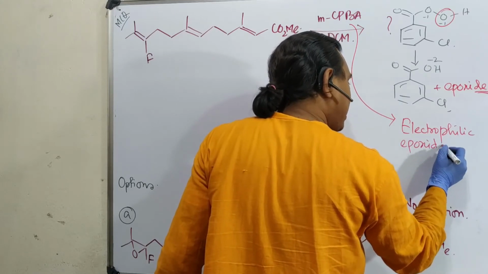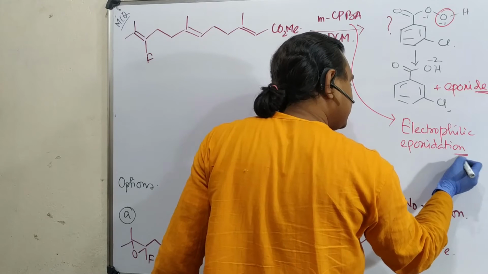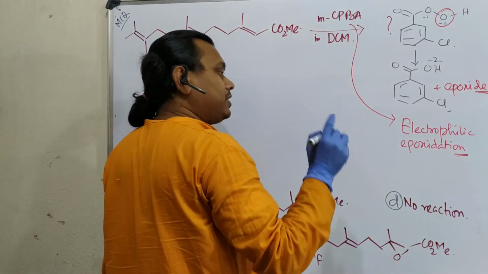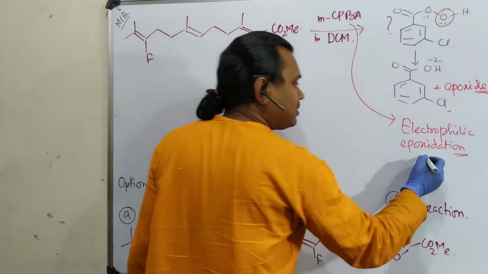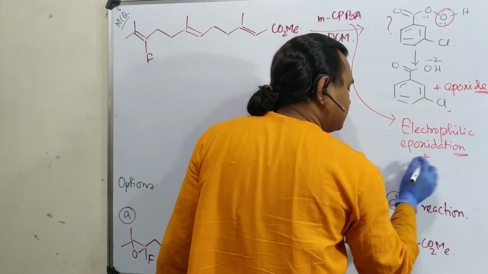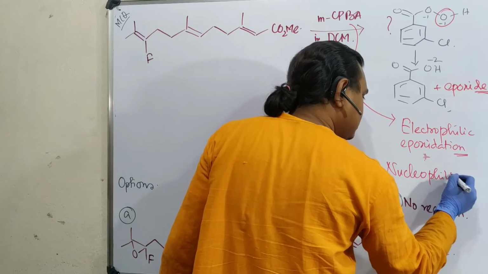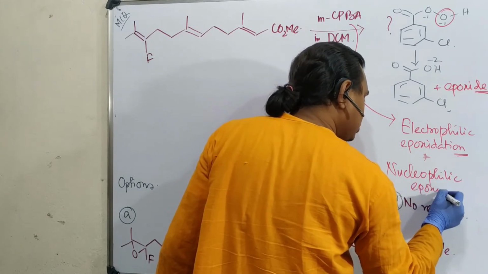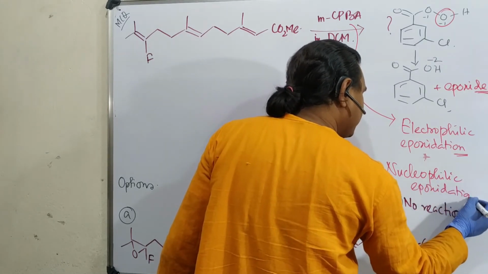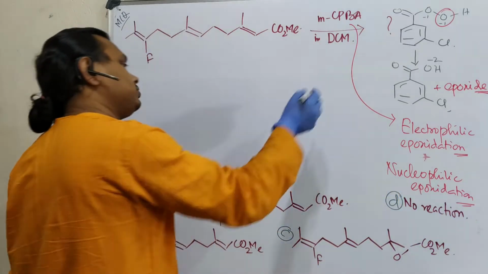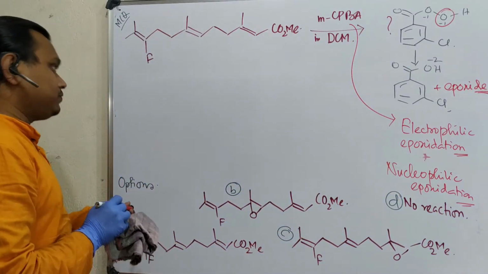By the way, I have uploaded a dedicated lecture on this electrophilic epoxidation using m-CPBA. Not only that, there is another term, that is nucleophilic epoxidation. I shall come to it at the end. I have also made a dedicated lecture on this, so you can go to the corresponding lecture and learn if you are interested.